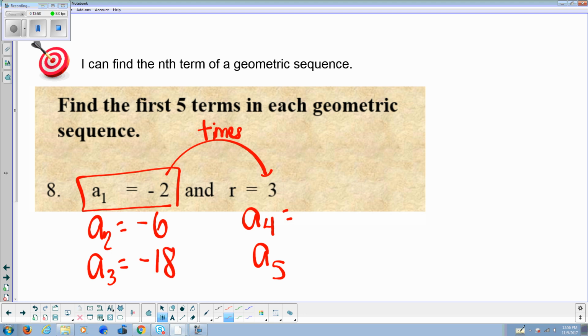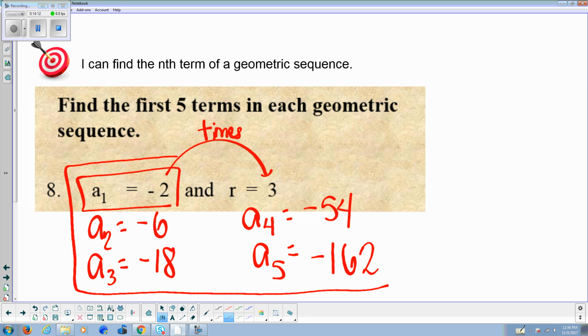And I multiply that by 3 to give me that A4 is negative 54. And I multiply that by 3 to give me that A5 is negative 162. So the first 5 terms of this geometric sequence are negative 2, negative 6, negative 18, negative 54, negative 162.